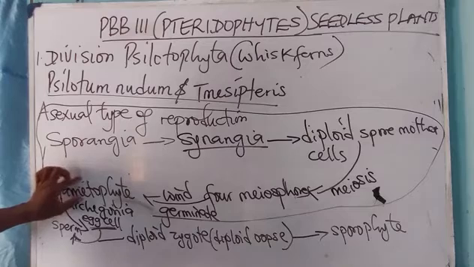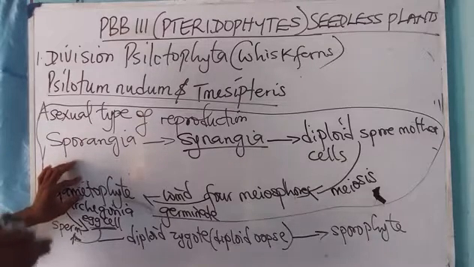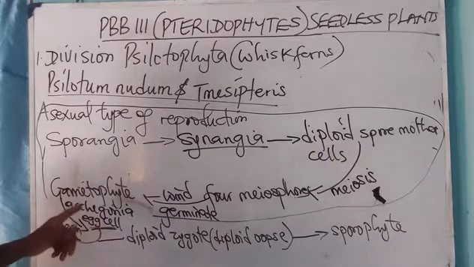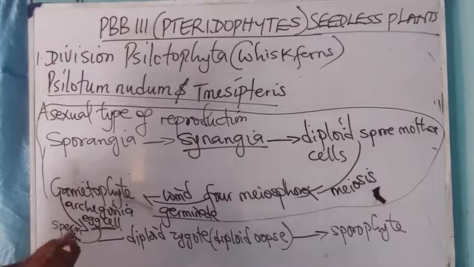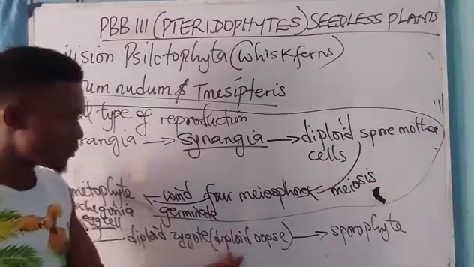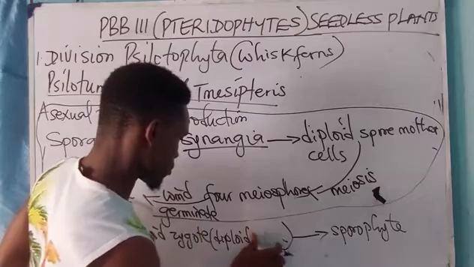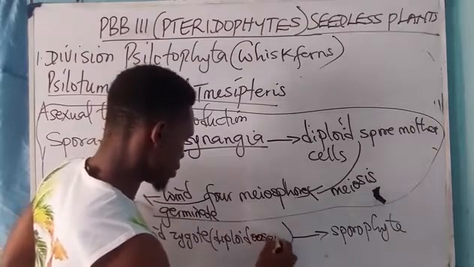Now, the archegonium and the antheridia, which are the female and male reproductive organs respectively: the archegonium produces egg cell, then the antheridia produce sperm or antherizoid, which will undergo fertilization to produce a diploid zygote or a diploid oospore.